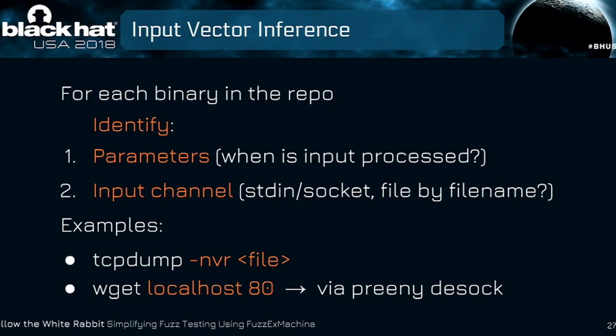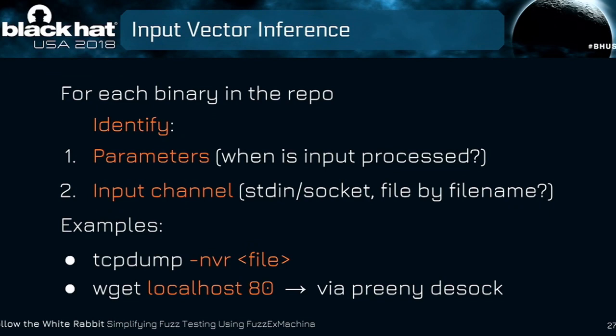I want to quickly note here that normally network fuzzing is a non-trivial task. So what we do is we leverage great existing software. In particular, we leverage the desock library out of the Preeny package, which hooks libraries.